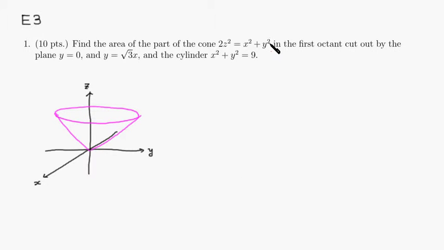Then we want to cut it out by x squared plus y squared equals 9, so the radius of the cylinder would be 3.